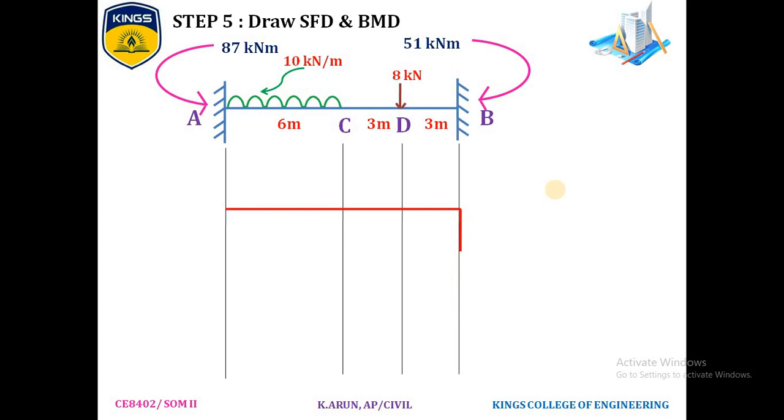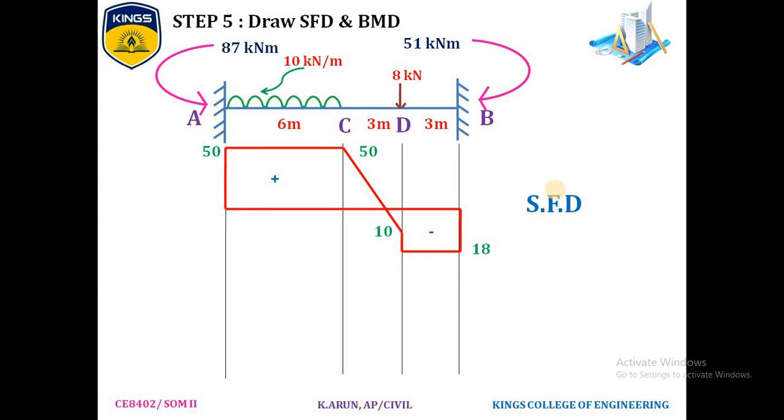At B it is minus 18, then at D it is minus 10, and then at C it is 50. Since it is positive, I am drawing it above the baseline, and at A it is also 50, so I am drawing a straight line here. So this is the shear force diagram. I am marking the positive and negative forces.